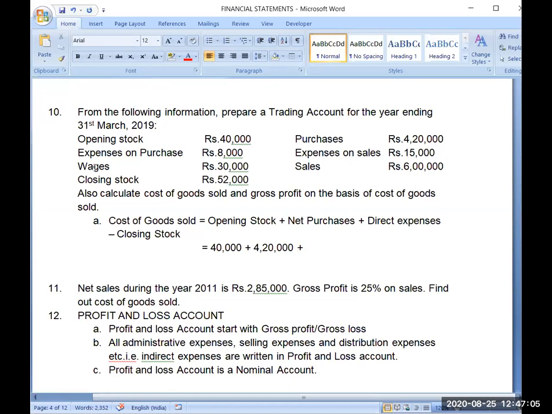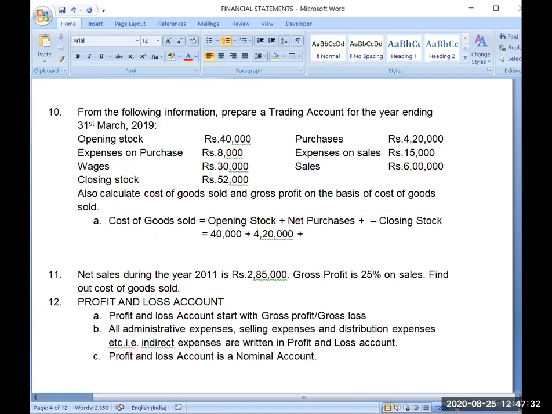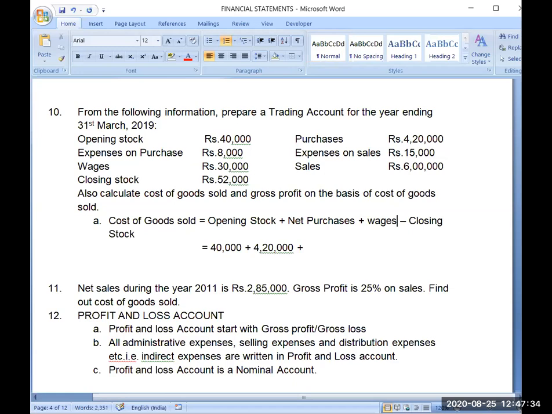So from the given question, you have to identify the direct expenses. Expenses on purchase, obviously direct expense. Wages, direct expense. Closing stock is separate. Then sales are separate. So there are two direct expenses given. So I will write here in the formula, I will change the formula for the question. I will write specifically the names of the expenses given to me in the question.